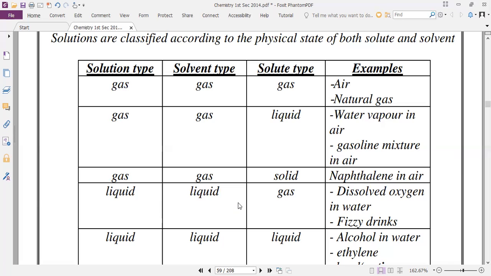Gas in liquid, as dissolved oxygen in water, right? Dissolved oxygen in water, so that aquatic creatures can respire from water by their gills. Another example, fizzy drink or soda drink, as Pepsi, gas in liquid.